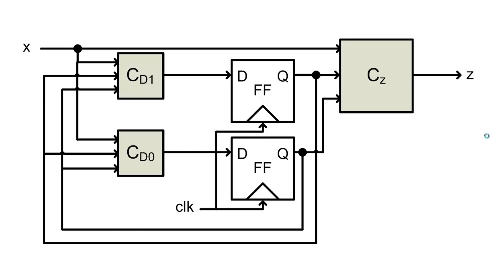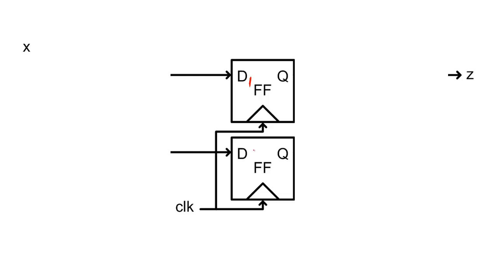And so we're going to create 3 circuits, one for D1, one for D0, and one for our output Z. And what we saw earlier was that D0 is equal to X prime, so we're just going to put that in there.